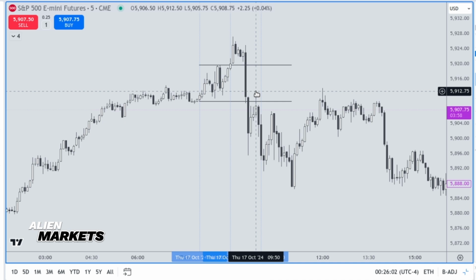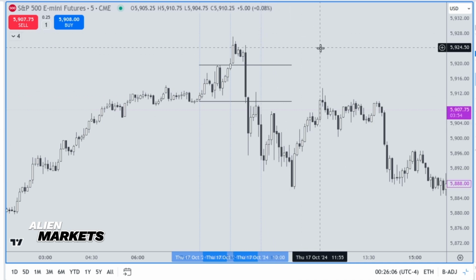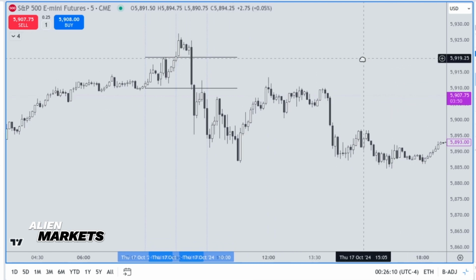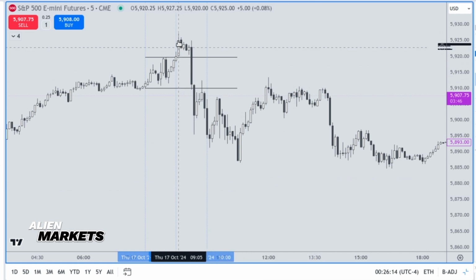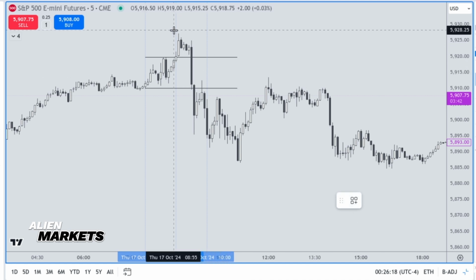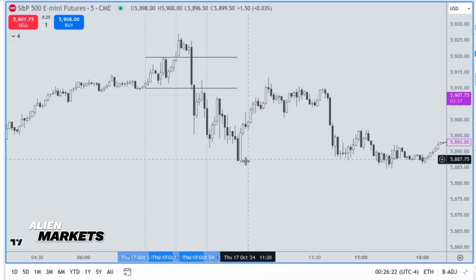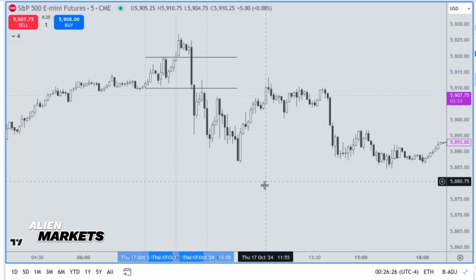We have a little retracement and then a push lower. But something very interesting happens afterwards. This expansion, this outside bar we have here, this is the outside bar, because here is the deeper retracement.